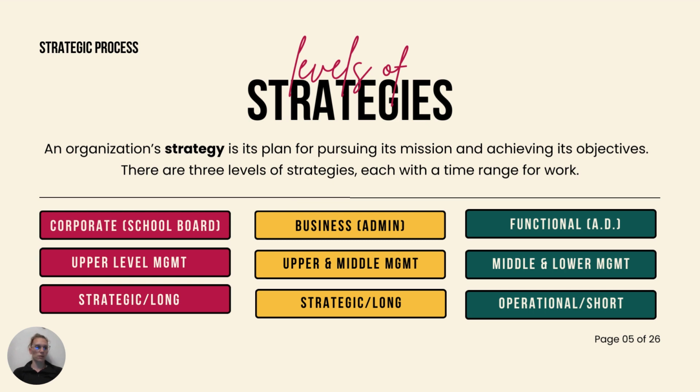So in your cluster, for your high school and all the middle schools and the elementary schools that feed into your high school, your admin, I'm thinking principal. And then functional strategy would be in green at the top, and in parentheses I put AD, so your athletic director, that would be teacher of your PE department. They are considered middle and lower management.